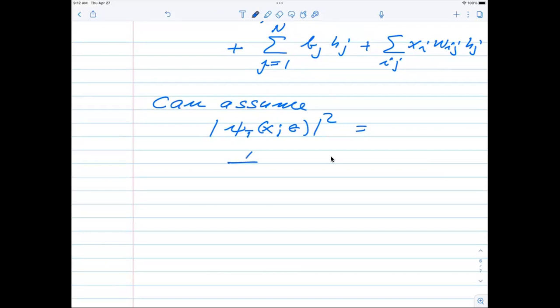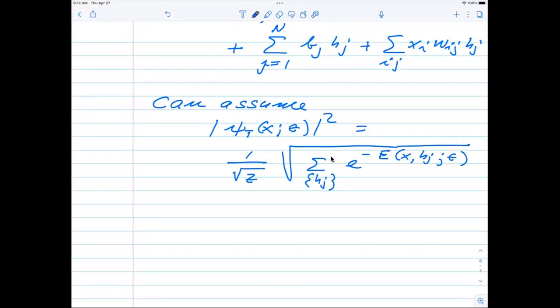So we're going to have 1 over the square root of the partition function. And this is going to be given then in terms of the square root of the sum, where now I'm summing away the hidden nodes h_j, and I have my e to the minus E, with x and my sums over h_j, and then this is a function of the parameters theta.